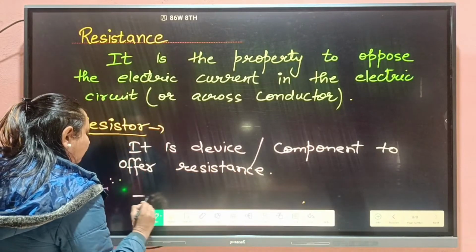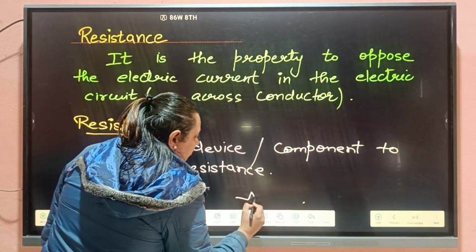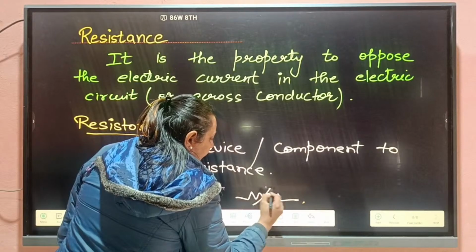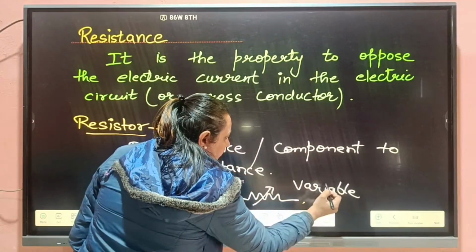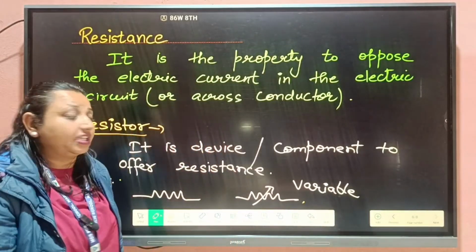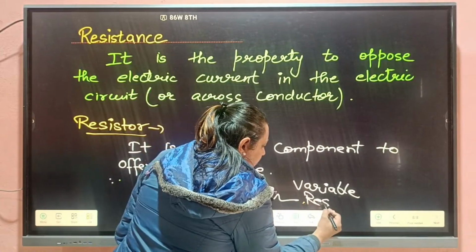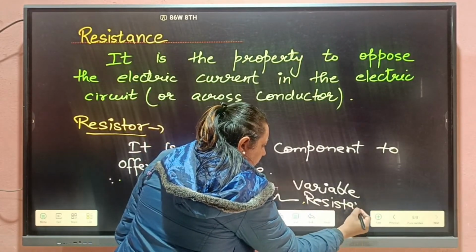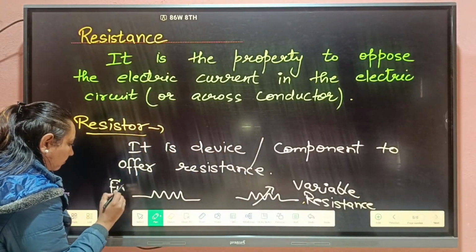Okay. Symbol of resistance is like this. It is fixed and it is variable. You can say rheostat. So rheostat is example of variable resistance. It is variable resistance. Right? It is fixed resistance.